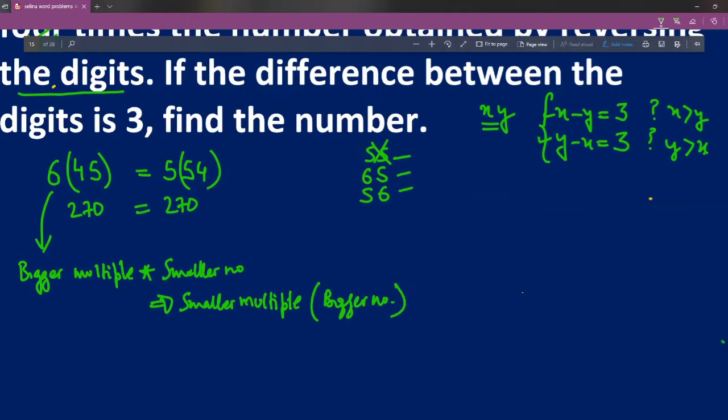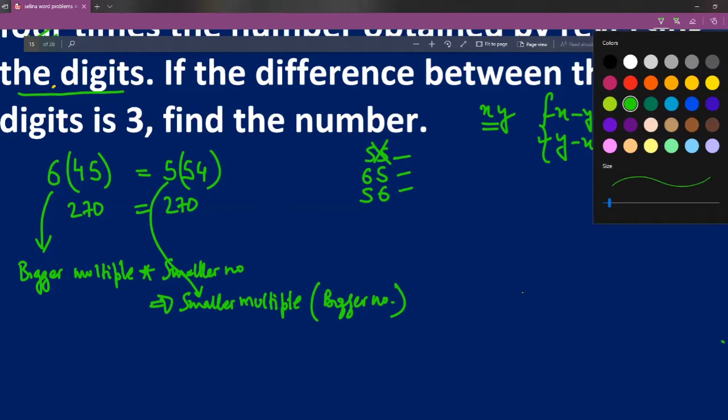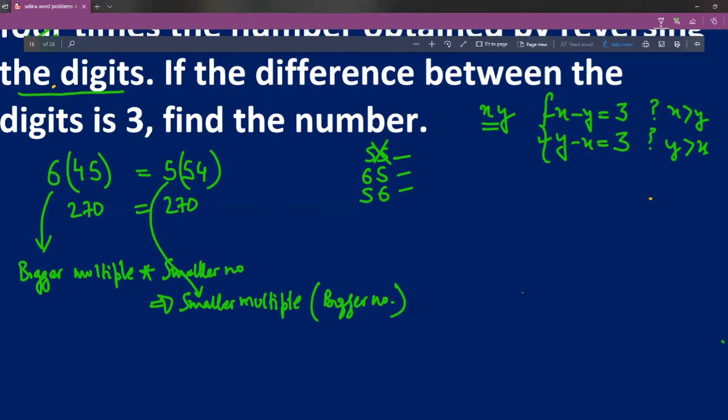I hope you see the logic. 6 is the bigger multiple, 5 is the smaller multiple. Let me change the color. 45 is the smaller number and 54 is the bigger number. So the bigger multiple into the smaller number is equal to the smaller multiple into the bigger number.